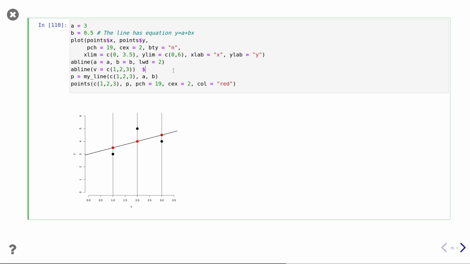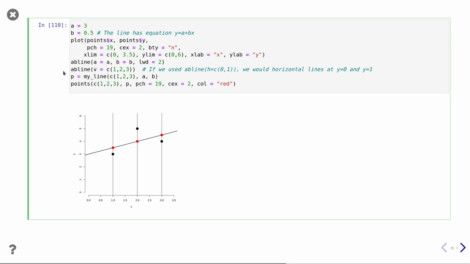And let me make a remark: if we used abline of h equals 0, 1, you can guess, we would get horizontal lines at y equals 0 and y equals 1.